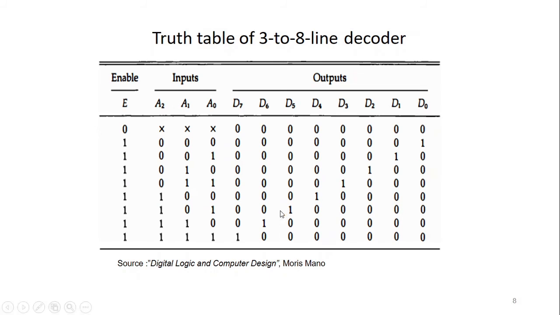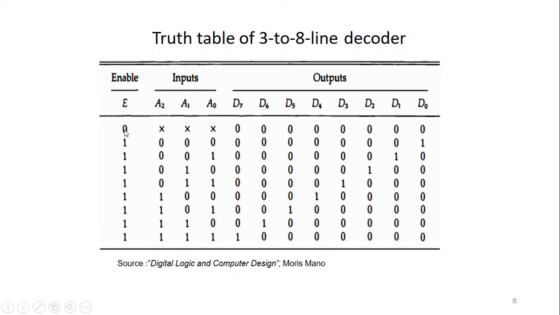Here in the truth table of a 3 to 8 line decoder, we have the enable input, the 3 inputs and 2 raised to n outputs, which is 2 raised to 3 equal to 8, so D0 to D7. For each possible input combination, there are 7 outputs that are equal to 0 and only one that is equal to 1.